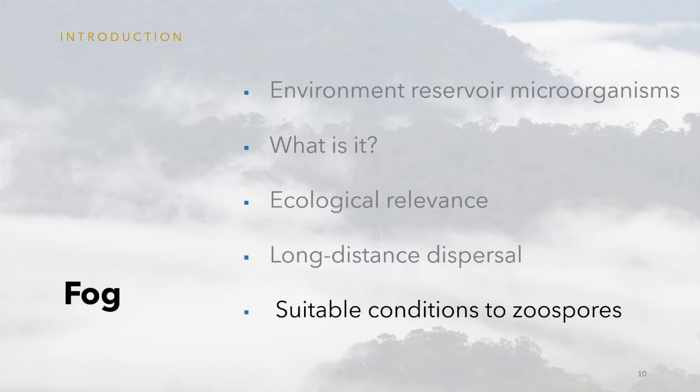Also, considering that most microbes prefer aqueous environments to survive, fog is an interesting bioaerosol transport mechanism that can provide suitable conditions to zoospores, such as high humidity and low temperatures.